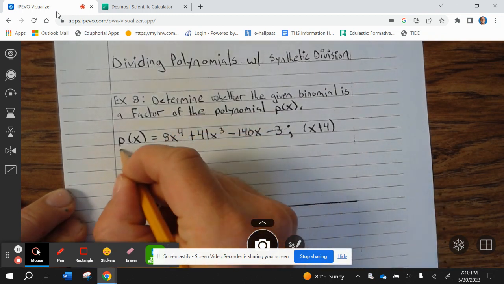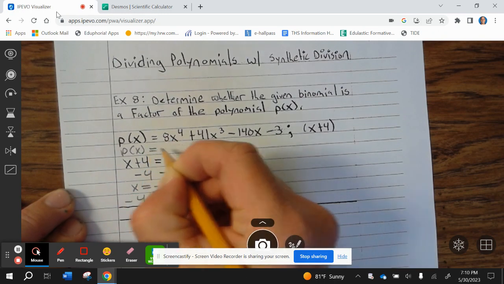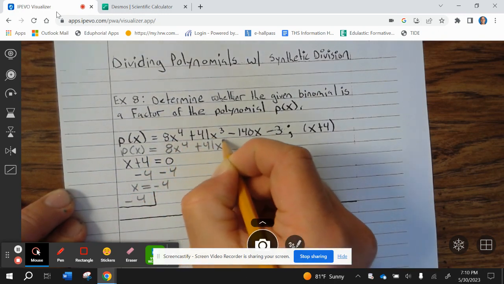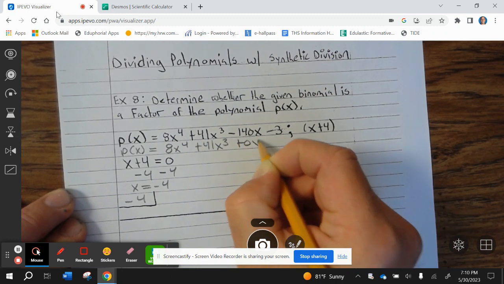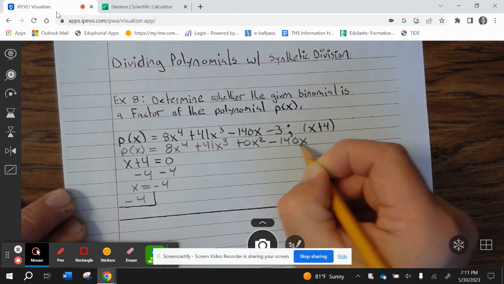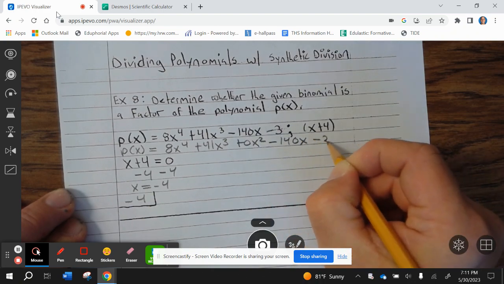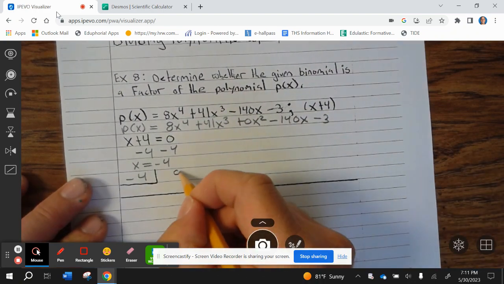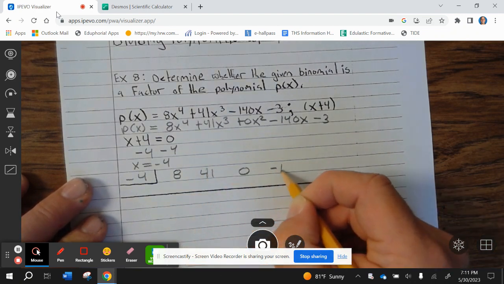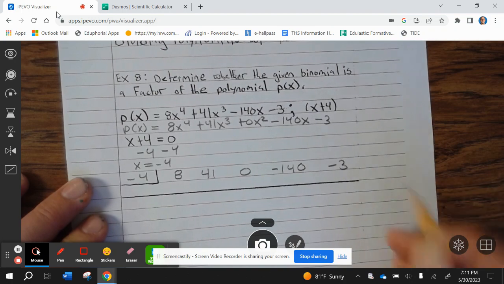So we need to rewrite p of x. P of x equals 8x to the 4th plus 41x cubed plus 0x squared minus 140x minus 3. So then this becomes 8, 41, 0, negative 140, and negative 3.